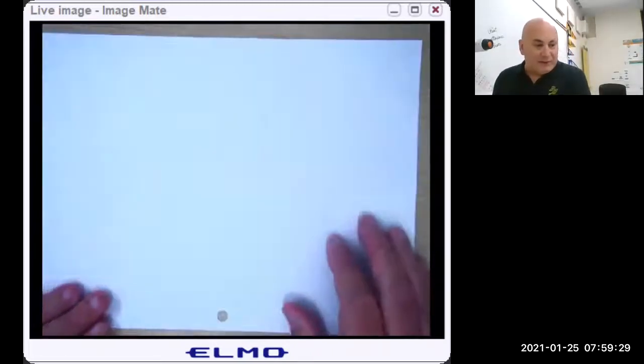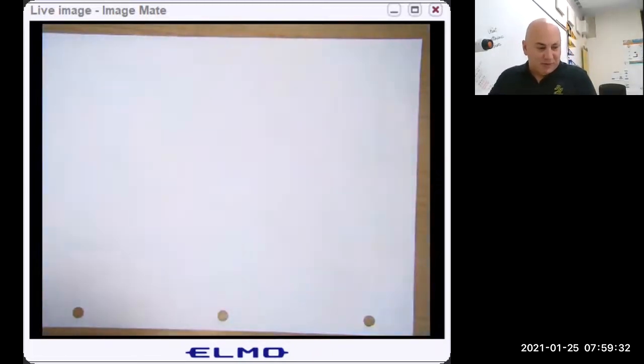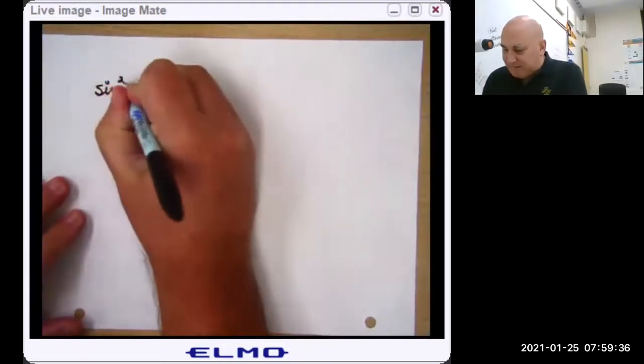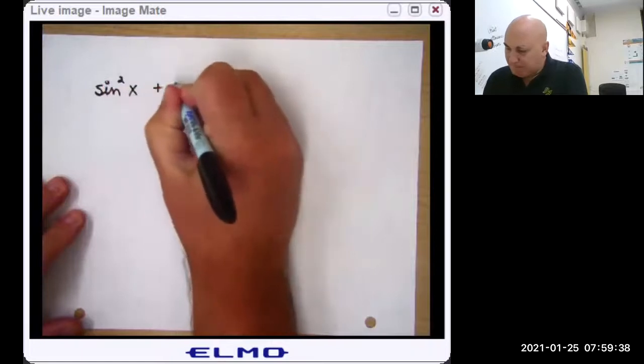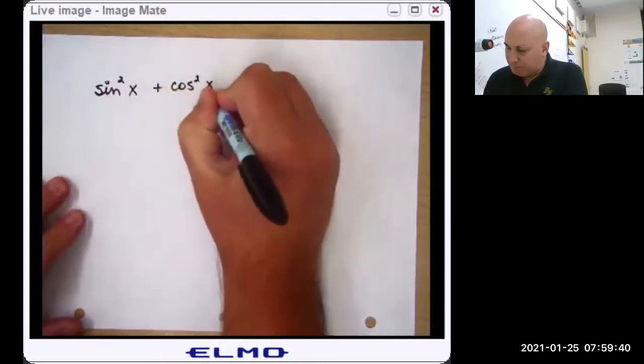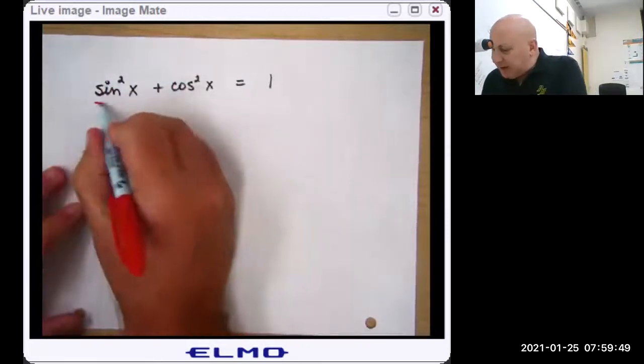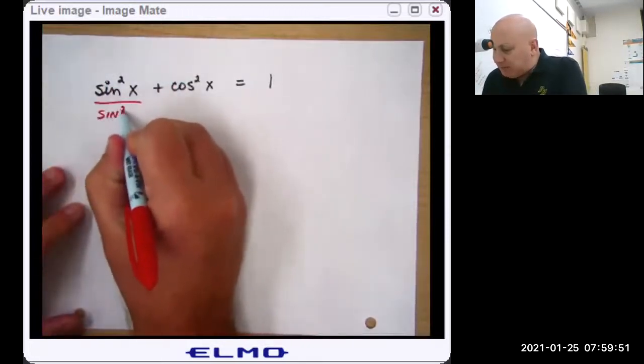Let's take a look at another one. I told you that there was the Pythagorean identity, and there were two others that you can get from this. I'm going to divide everything by sine squared x.